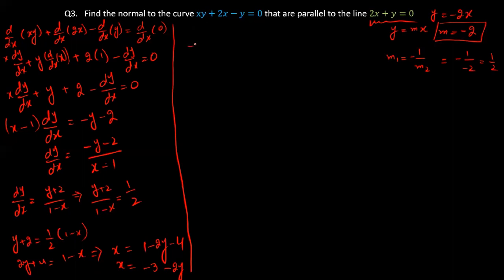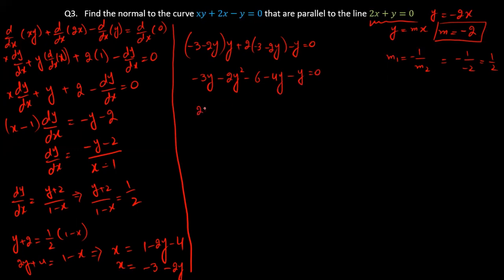It will be minus 3 minus 2y into y plus 2 into minus 3 minus 2y minus y is equal to 0, and it is minus 3y minus 2y square minus 6 minus 4y minus y is equal to 0.